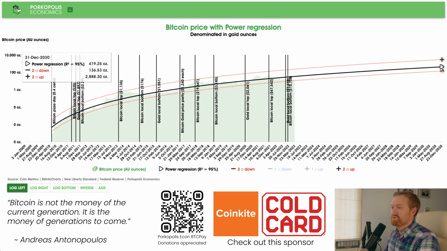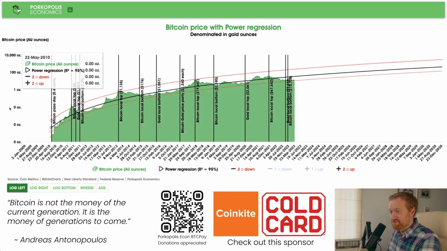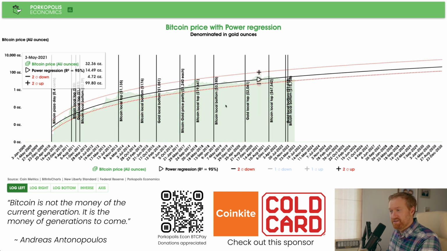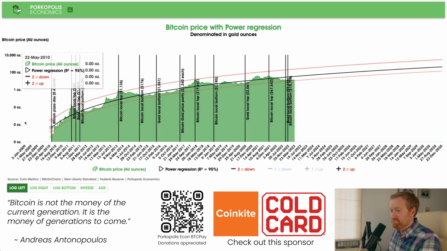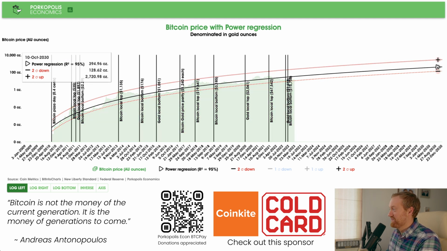But in gold terms, the trend line itself at a 95% R squared tells us 419 ounces of gold per 1 Bitcoin by 2030. That's just a little over 20 years from when Bitcoin started. You went from 0 ounces of gold per Bitcoin to 419 ounces of gold per Bitcoin.